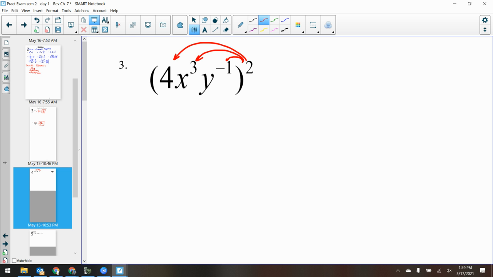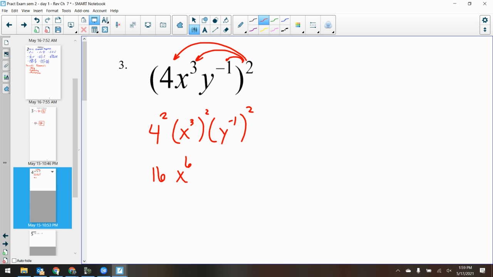What does that mean? That means I take 4 squared, x to the third squared, y to the negative first squared. And I'm showing all the work there. But what really happens to my exponents? What should the exponent on x be? X to the 6th, right? 4 squared is 16.